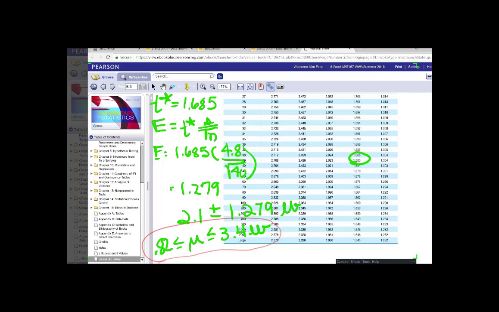But is it practical? This is for a whole year. Would you be satisfied if you were on a weight loss program for a whole year and you lost between less than 1 pound and 3.5 pounds? Probably not. So you've got to put your own interpretation on these problems.